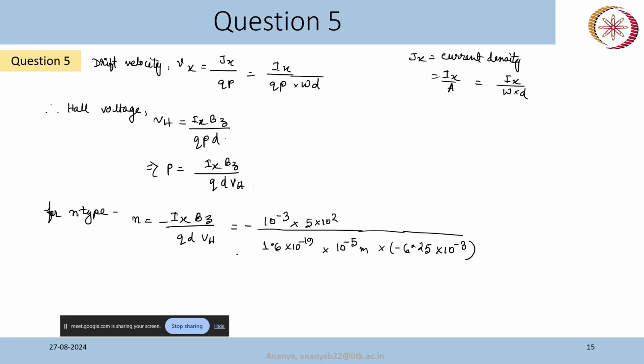So you can see overall N we will get as positive and the value will be 10 to the power minus 3 into 5 into 10 to the power minus 2 divided by 1.6 into 10 to the power minus 19 into 10 to the power minus 5 into 6.25 into 10 to the power minus 3.